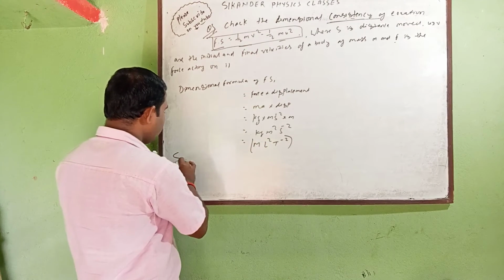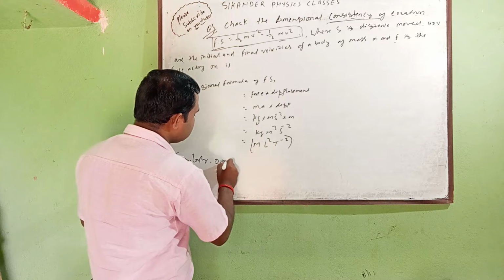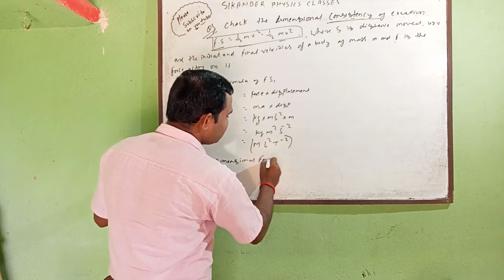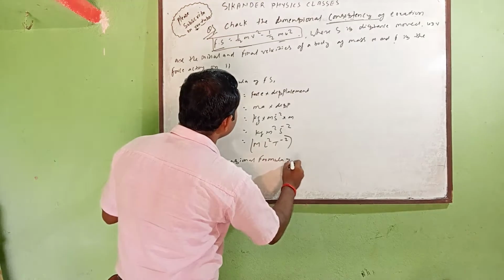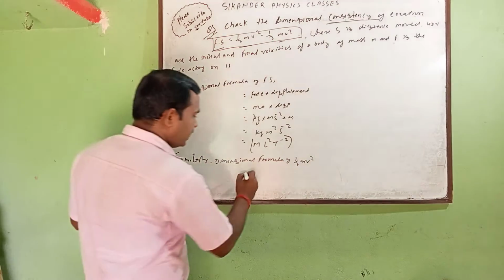Similarly, the dimensional formula of half m v square.